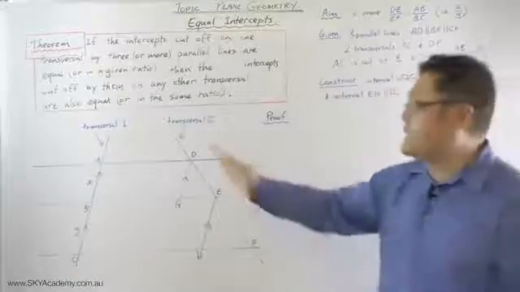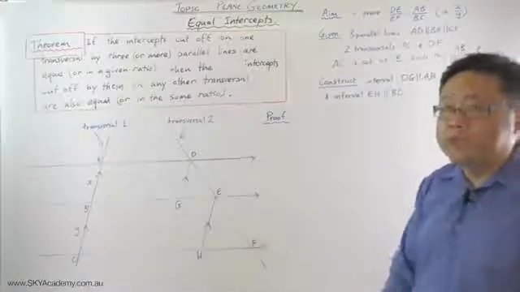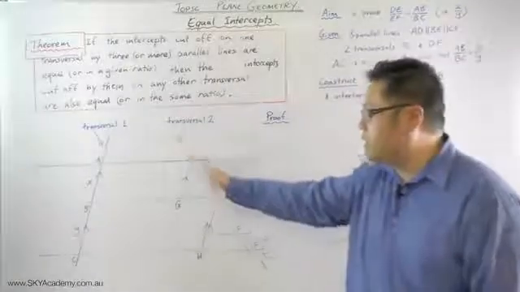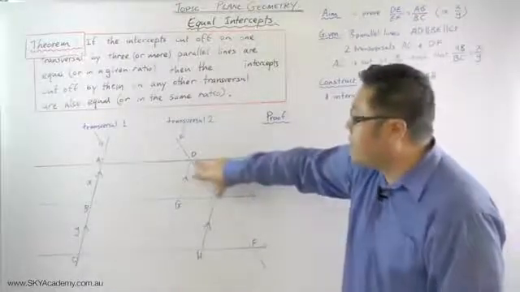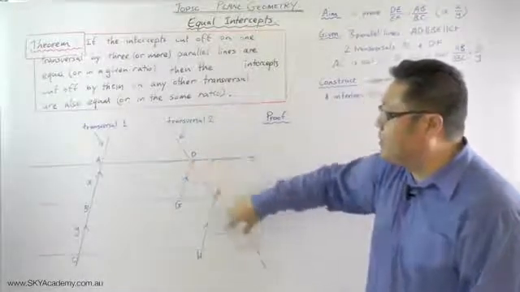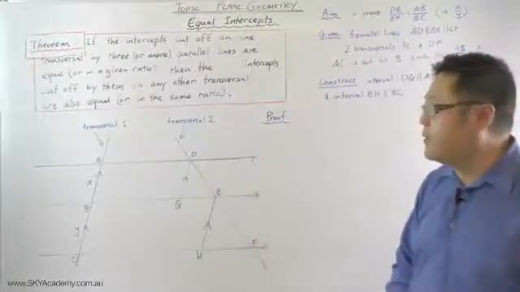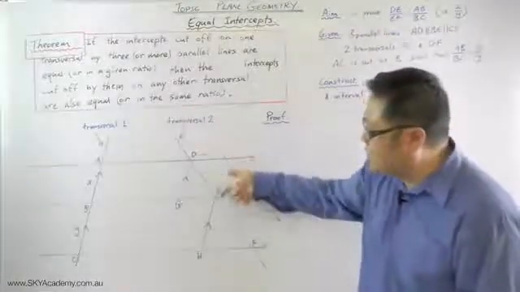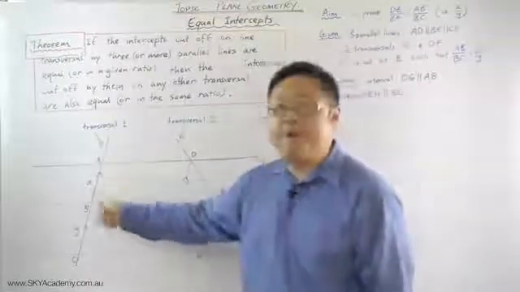Then, if you've got a second transversal, and it could be at a totally different angle, like this one is, what you will find is that the three parallel lines will again cut the second transversal in the same given ratio. So the ratio of this d to e to f will also be x to y.